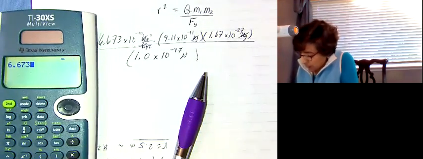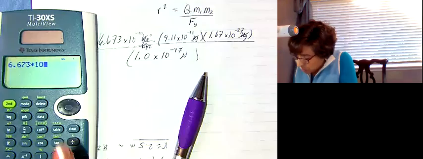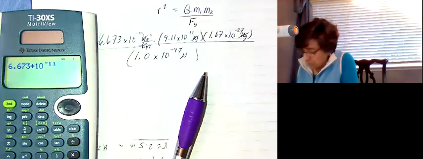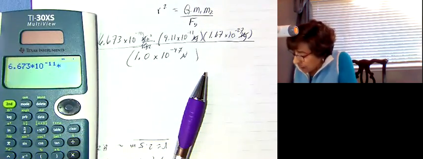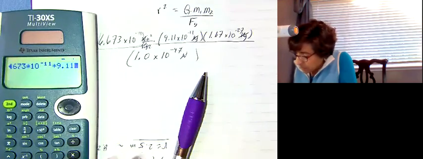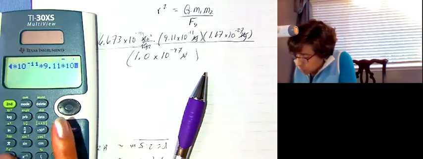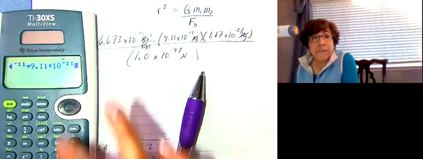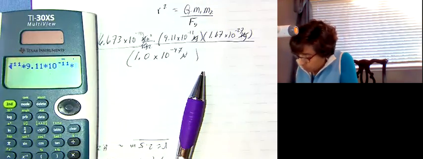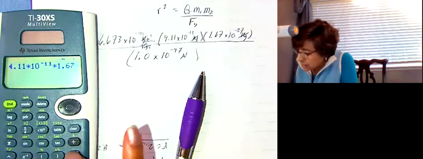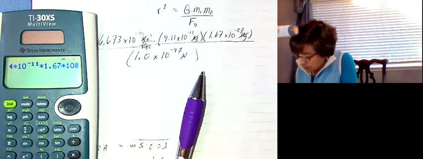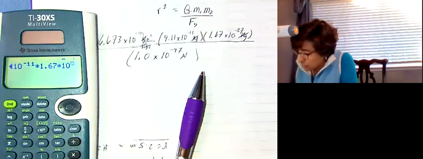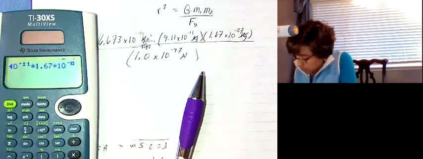6.673 times 10 to the negative 11, and I have to bring it down, times 9.11 times 10 to the negative 11, bring it down, times 1.67 times 10 to the negative 27.